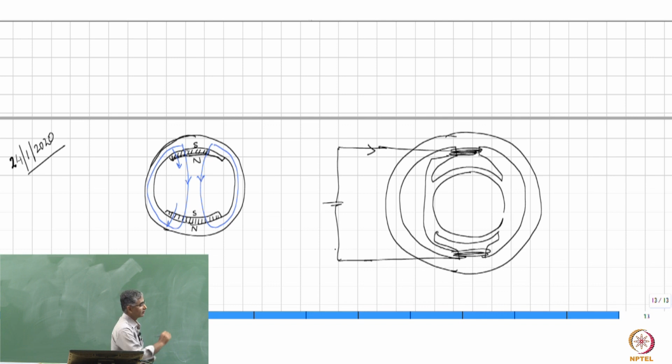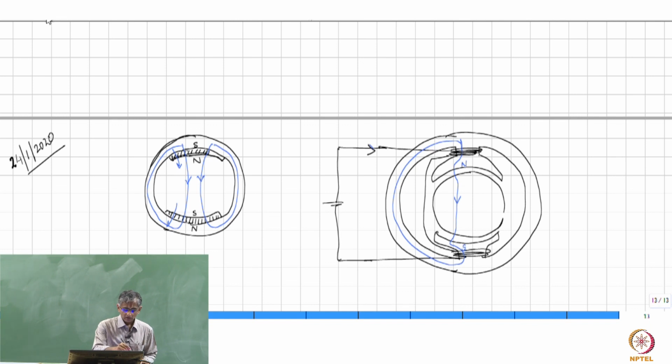Because you have a flow of current in a loop, this will be able to generate a magnetic field. You can arrange the direction of flow of this current and the winding direction such that the magnetic field will flow out of this into the rotor and then flow back through this, and form a loop here. So this may still look like north, and this like the south pole, as far as the rotor is concerned.